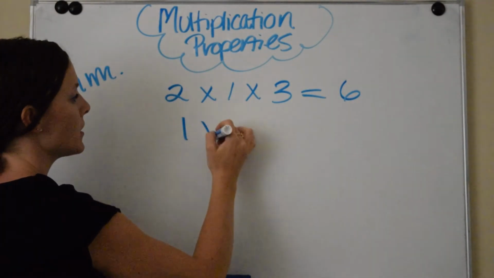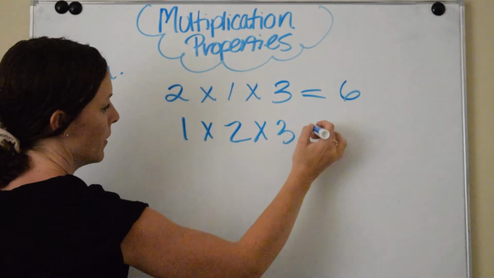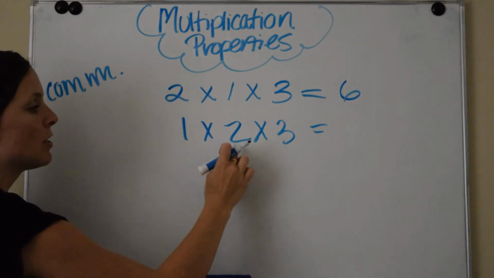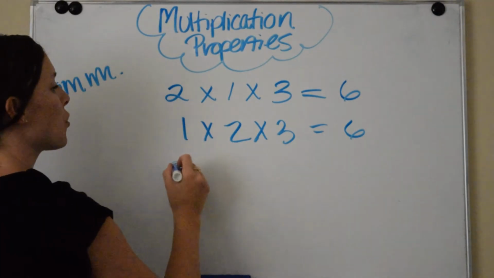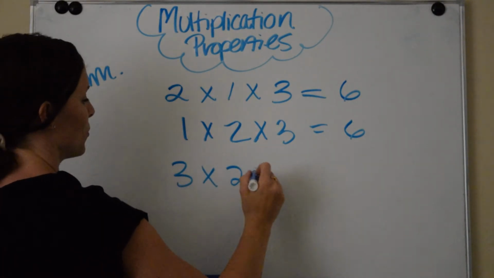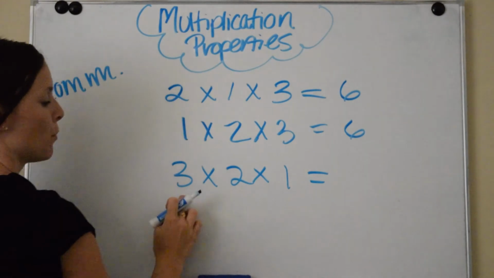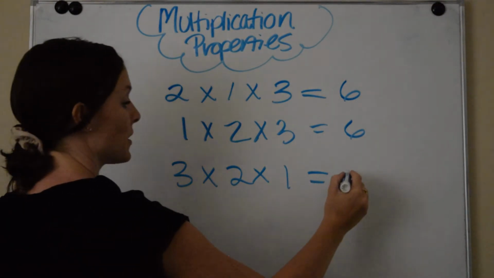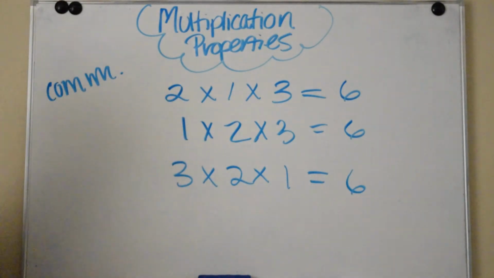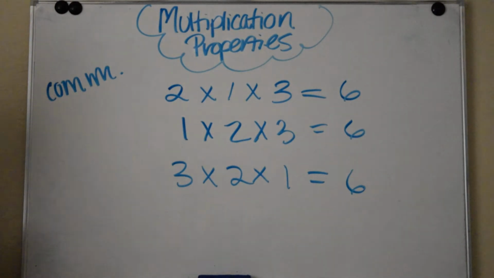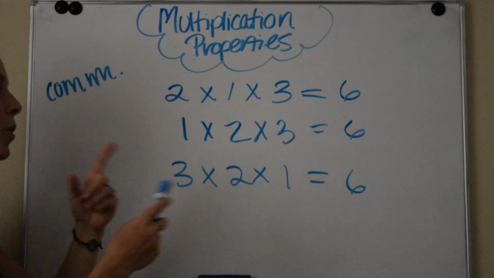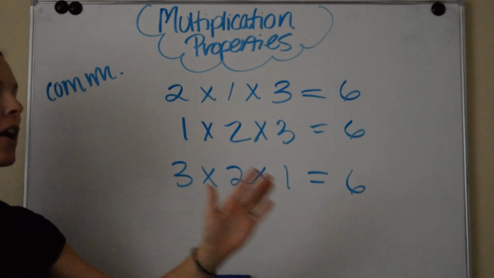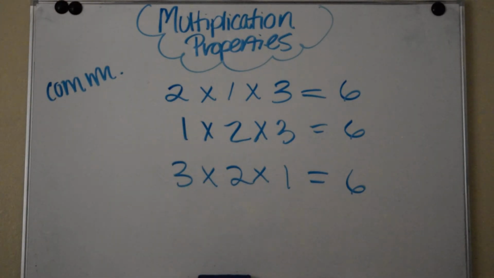What if I did 1 times 2 times 3? Well, 1 times 2 is 2, and 2 times 3 is 6. Works so far. What if I did 3 times 2 times 1? Well, 3 times 2 is 6, and 6 times 1 is 6. There you go, that's the commutative property. Using the same 3 digits, but just switching the order up and multiplying across, you will get the same answer.